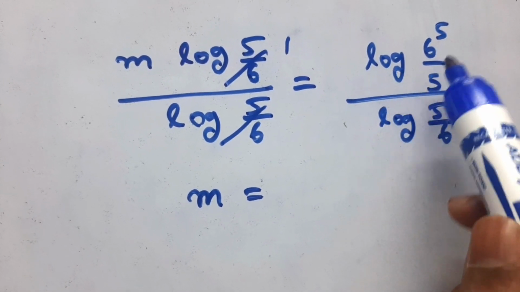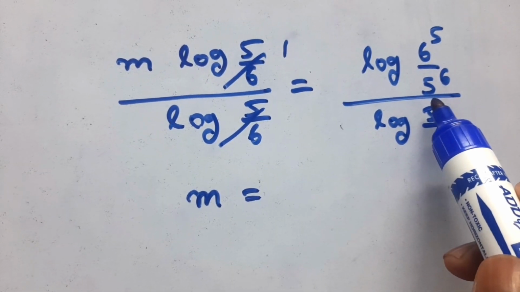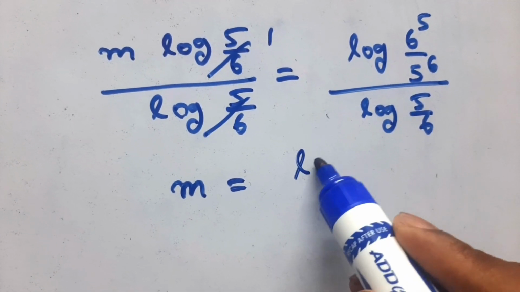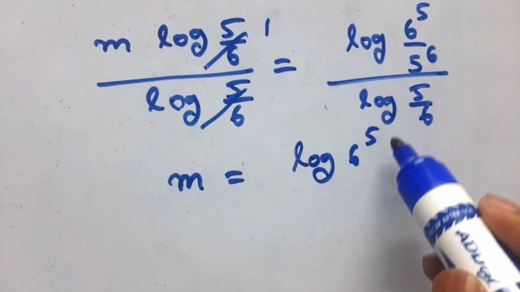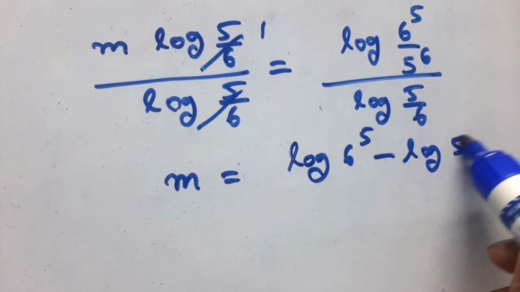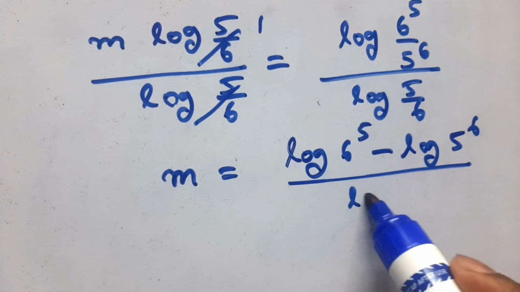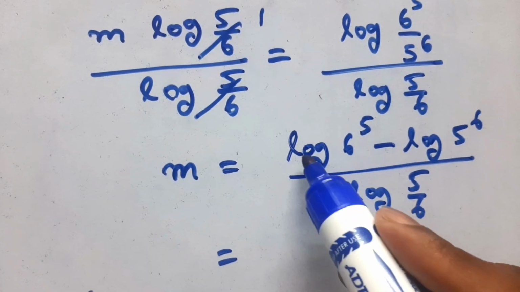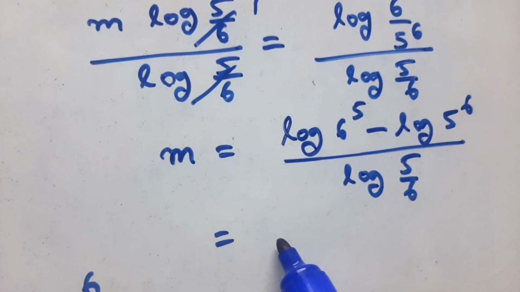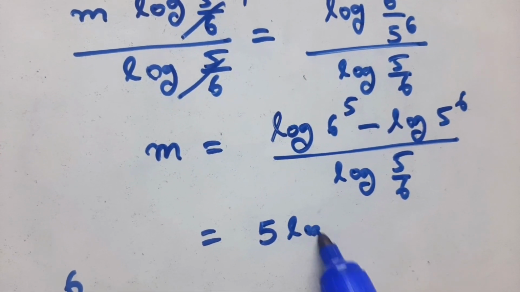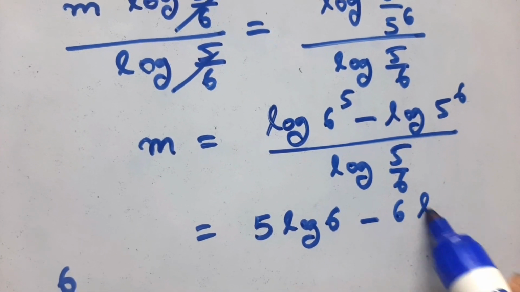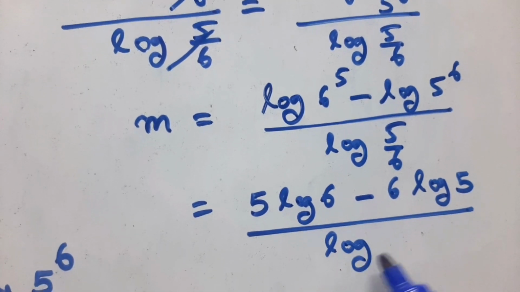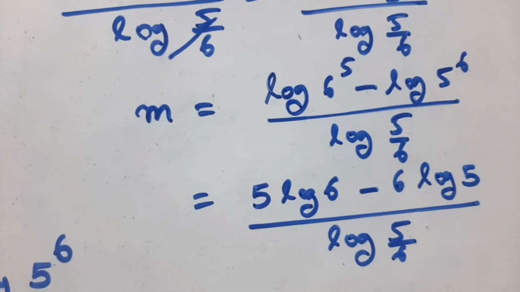this one, log a by b formula. So log a by b formula is log a minus log b. When you apply the formula, log 6 to the power 5 minus log 5 to the power 6 divided by log 5 by 6. Log exponent formula m log x, apply: 5 log 6 minus 6 log 5 divided by log 5 by 6.